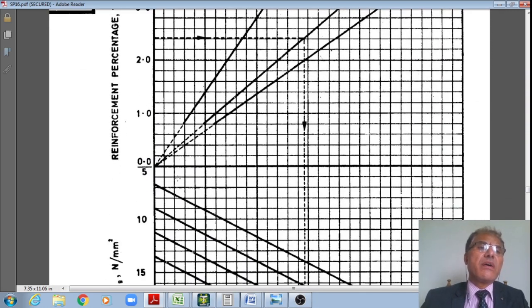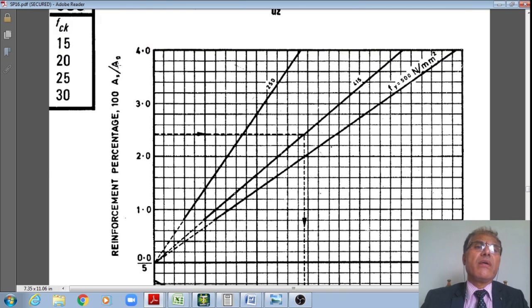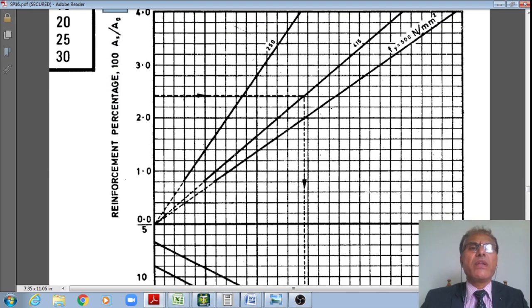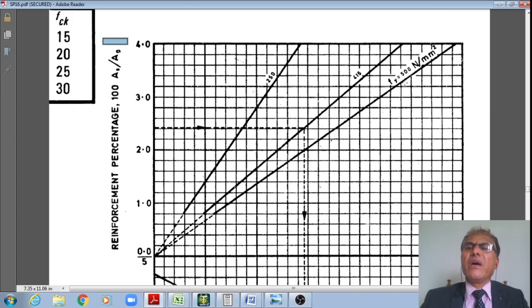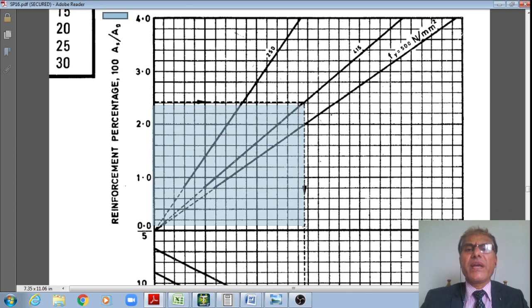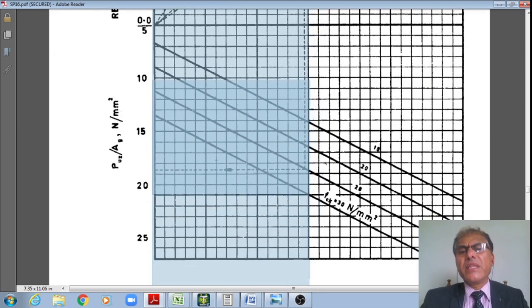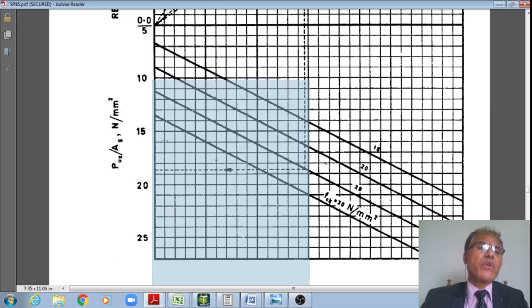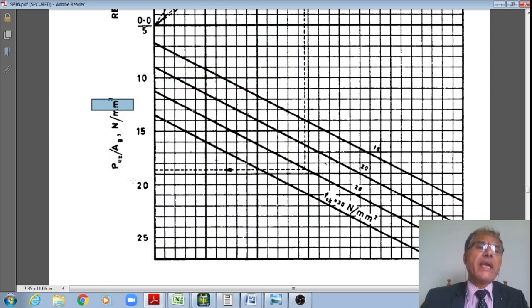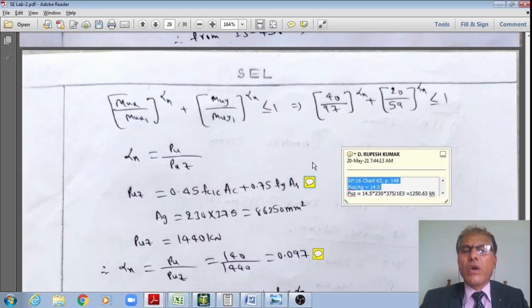That is how I do have the reinforcement 100 As by Ag, for this corresponding value, for Fe 500 grade steel. Now I'll go in the bottom direction, meeting this I do have fck is equal to 20. Therefore, PUZ divided by AG in Newton per mm square required, I've just noted down from this code specification, student.